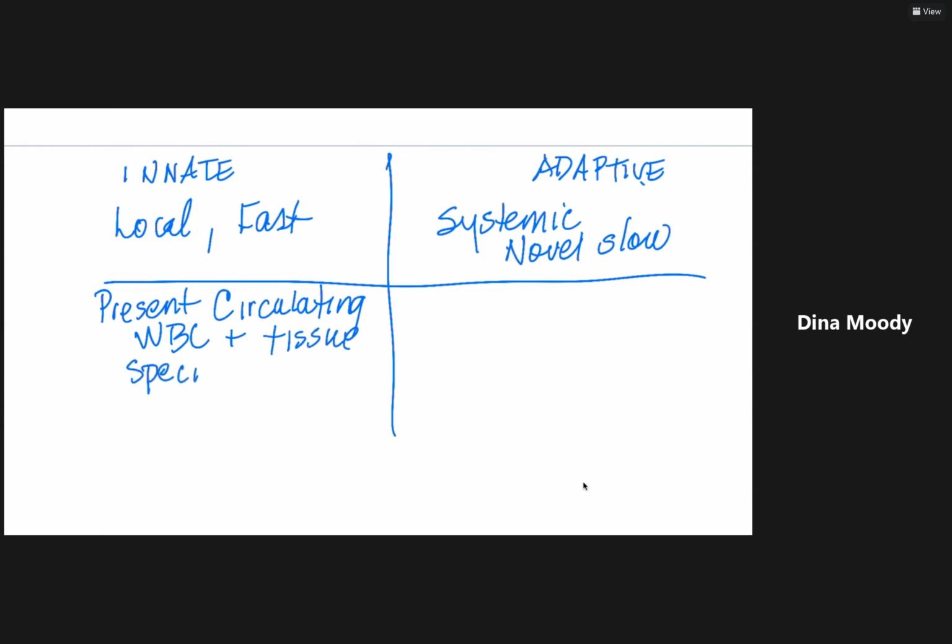And then the adaptive, when the antigen pathogen becomes systemic, B and T cells found in the lymphatic tissue respond.